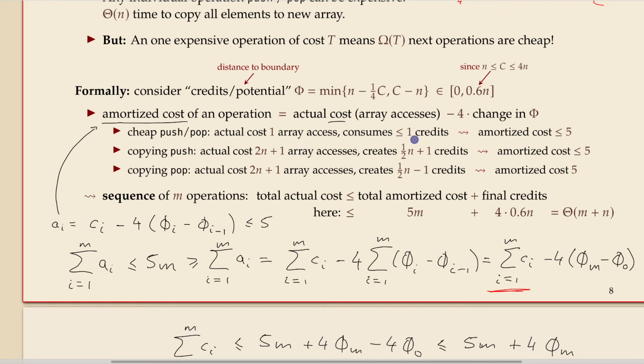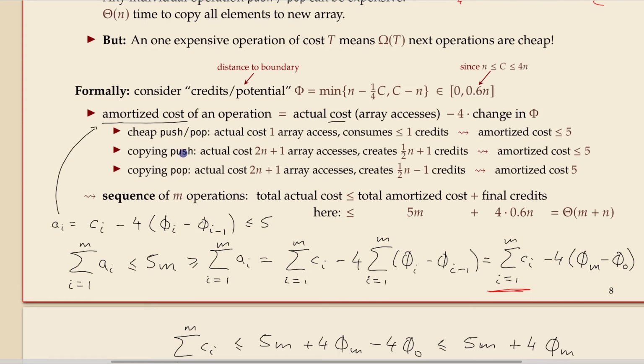The potential can go up or down, but at most I have to consume 1 credit. And so the amortized cost is 5 because I have one actual cost, and I might pay minus 1 in the change of potential, times minus 4 becomes a plus 4. Okay? At most 5 if I have a cheap operation. It could be cheaper. It could actually have amortized cost minus 3. But we only need an upper bound.